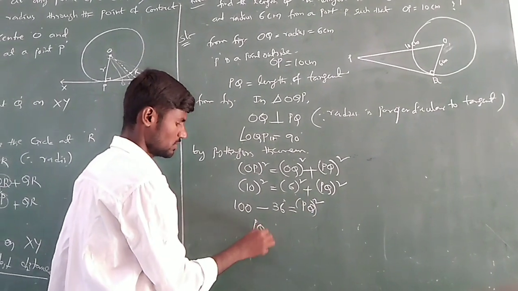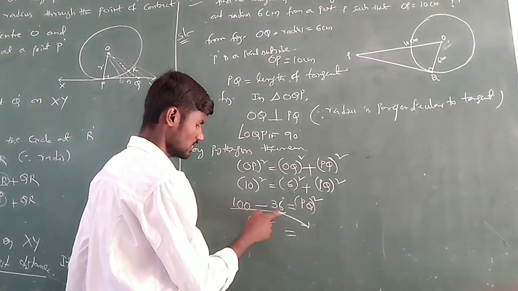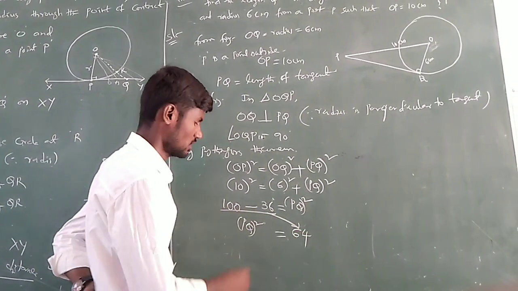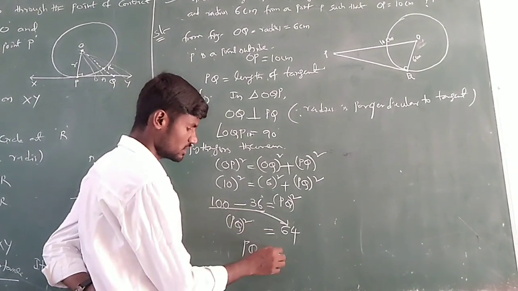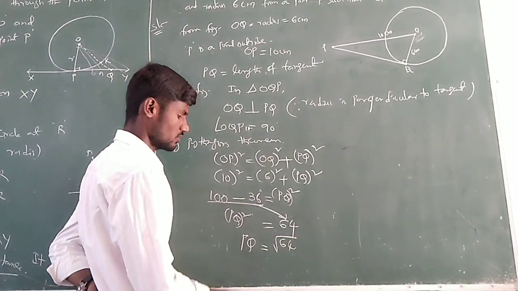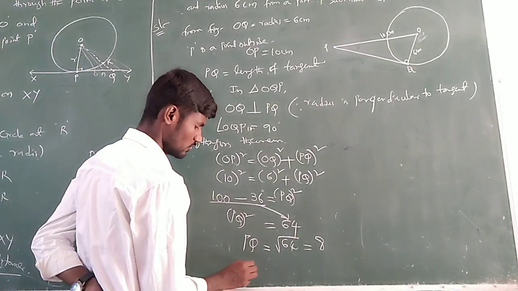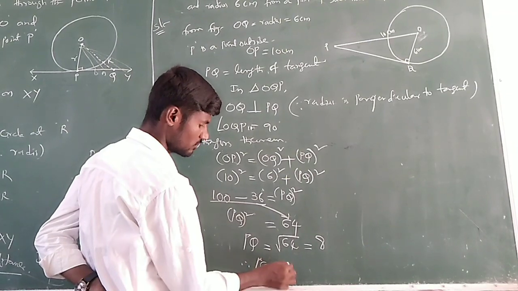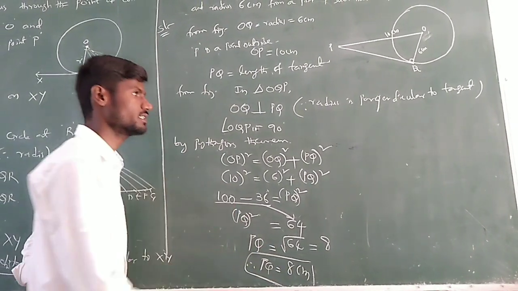So PQ square, 100 minus 36, value is equal to 64. Now PQ is equal to, transposing the square to the opposite side, square root of 64. Square root of 64 is 8 because 8 square is 64. So therefore PQ, the length of the tangent, is 8 centimeters. So PQ equals 8 centimeters.